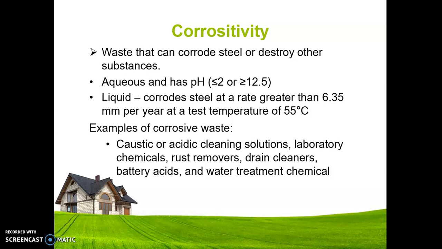A liquid corrodes steel at a rate greater than 6.35 millimeter per year at a temperature around 55 degrees C. This kind of corrosivity we can observe in industrial plants that use acidic or caustic liquid, right? This will give corrosivity to the steel or any other substances, right?